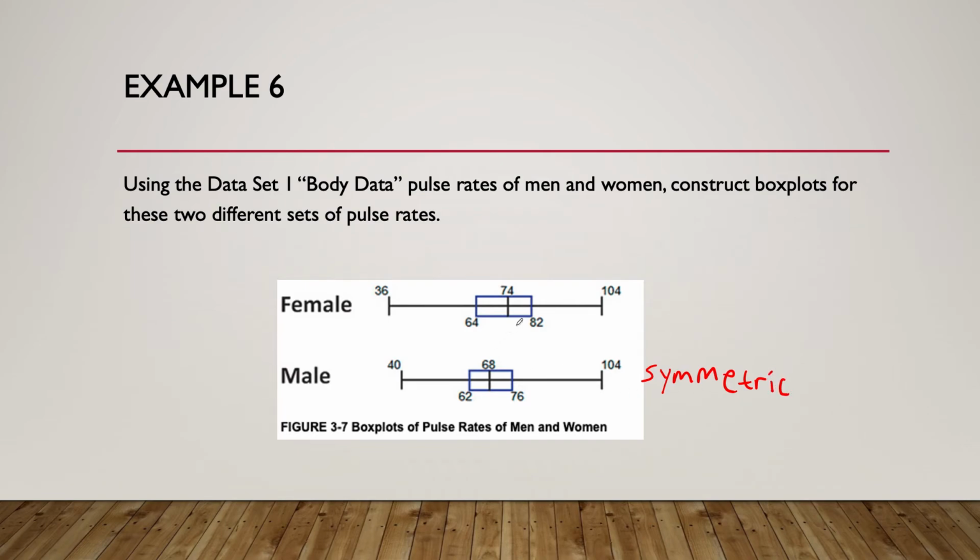While the top one here is slightly skewed left. The box is off-center to the right, which means that the whisker here to the left is longer for the female one, and this box has a bigger area on the left side than the right side. So this one's skewed left.